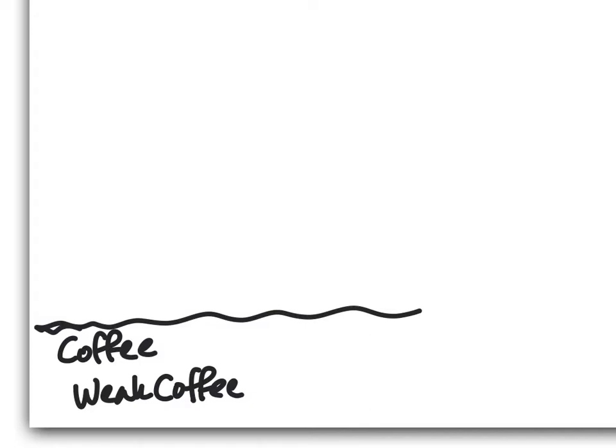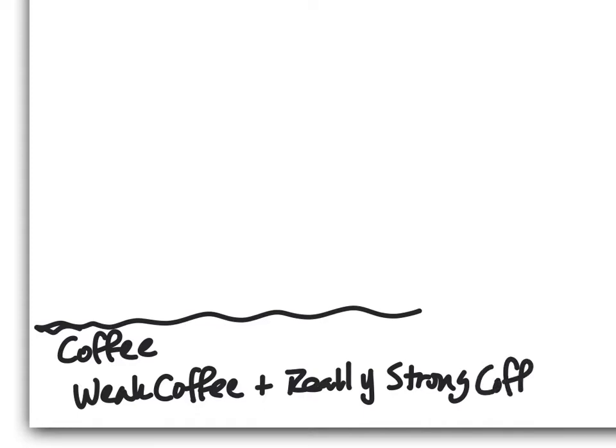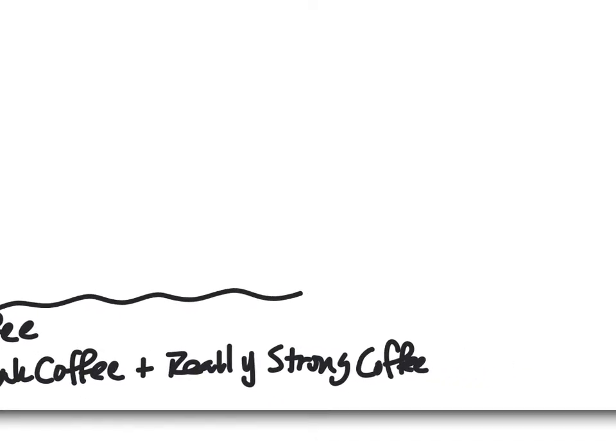And then let's say your neighbor at work has exceptionally strong coffee. Then you have to think about what you get as a result. Coffee is something we all kind of drink, hopefully, and if not, that's okay too. But if you add weak coffee and really strong coffee, you're going to get normal coffee.